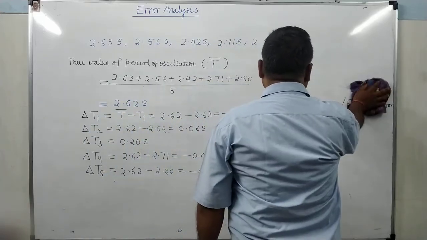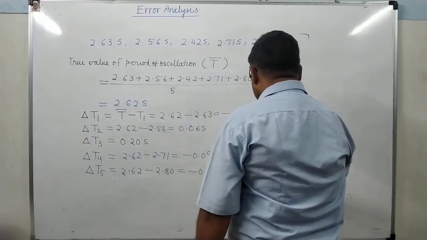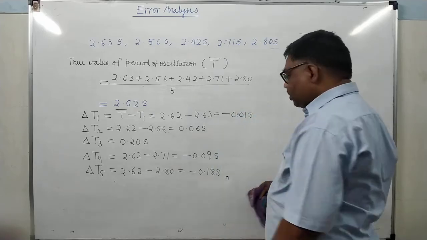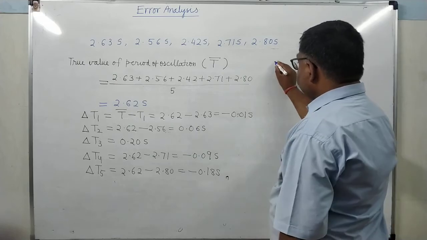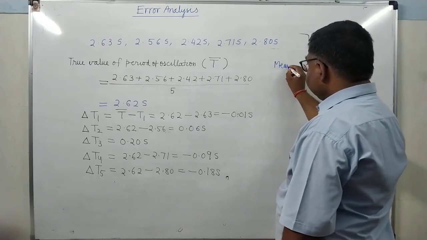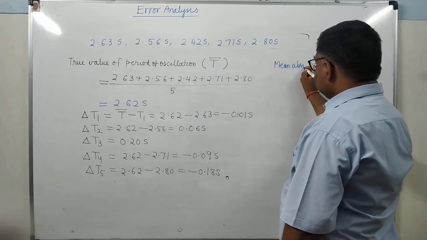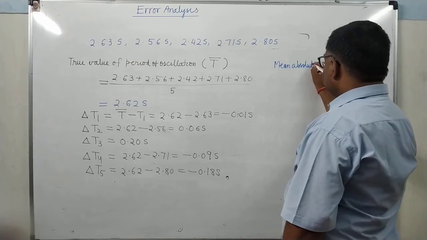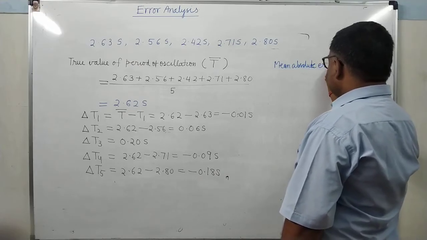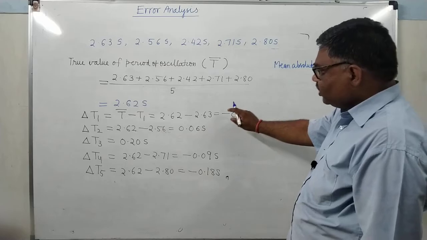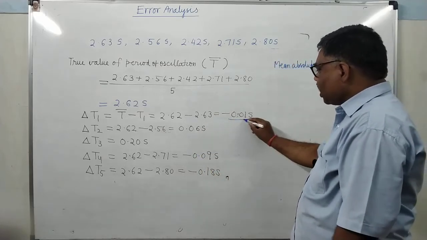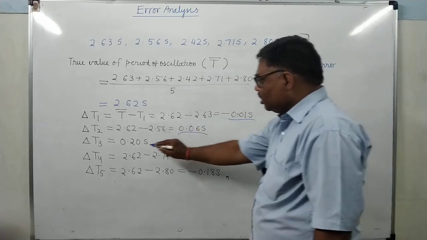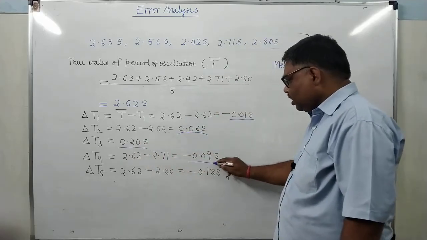Now you have to find the mean absolute error, because you have to calculate the relative error also. So as I have already told, mean absolute error is the average of all absolute errors ignoring their sign. We will not consider their sign.